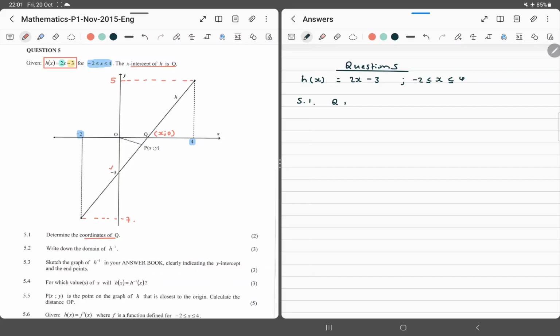We know that q is an x-intercept of h such that 0 is equal to 2x minus 3. Therefore, x is going to be 3 over 2. Therefore, our q is going to be 3 over 2 and 0. That's it. So this is very easy.